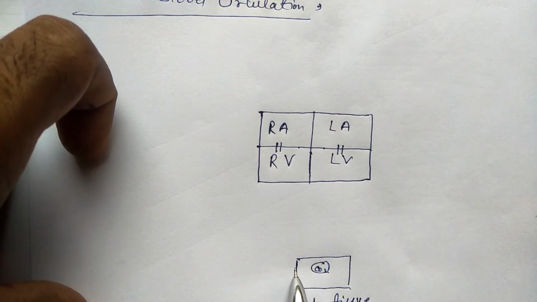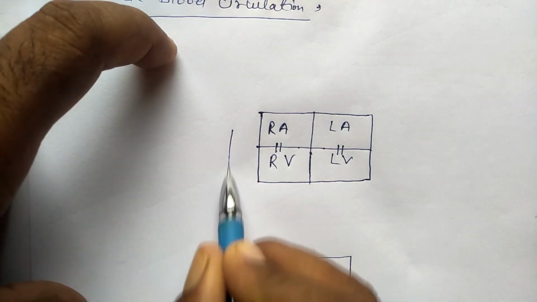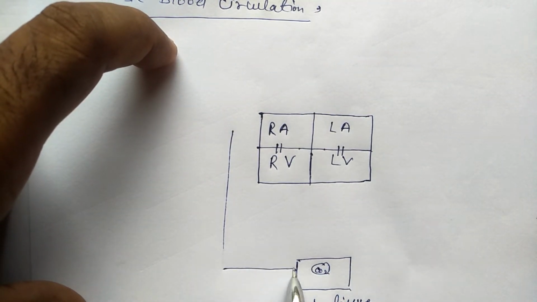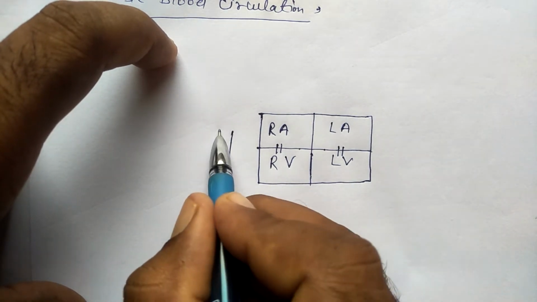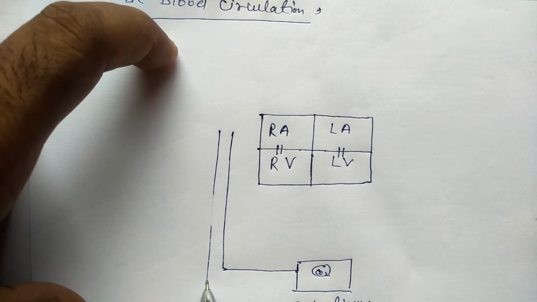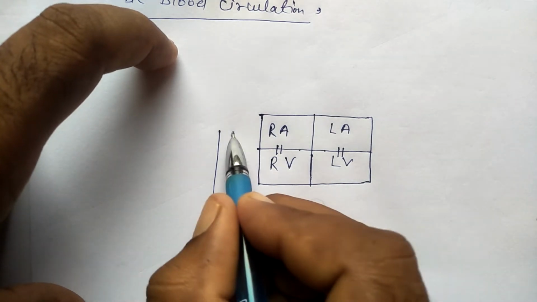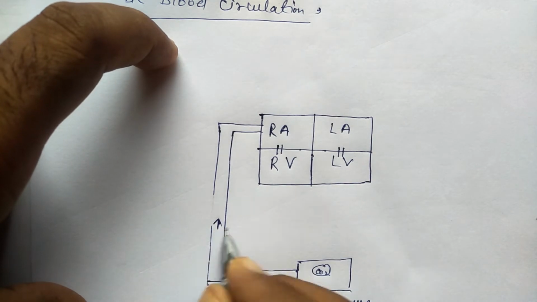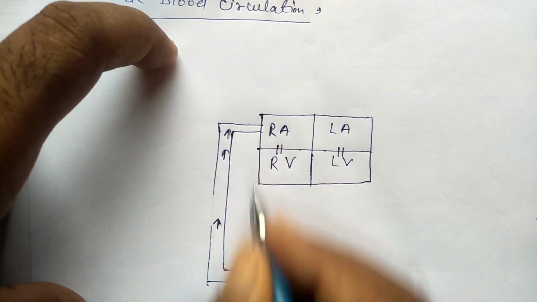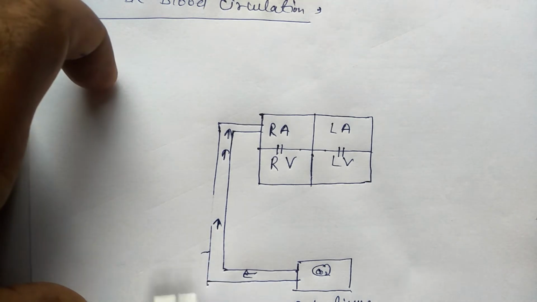Next, impure blood, deoxygenated blood, is carried by a vein into the right atrial part. This is a vein.